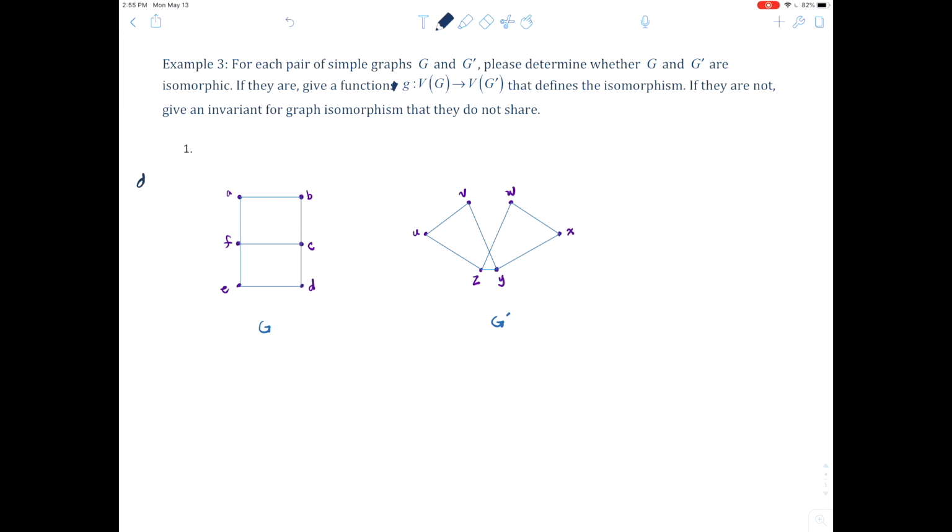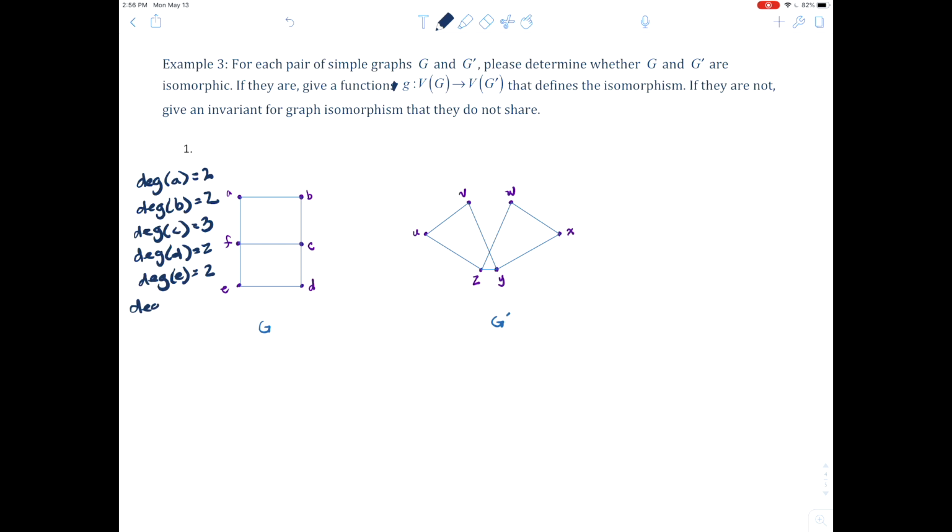So we look at the degree of each vertex. The degree of A is 2 because there are 2 edges coming from it. The degree of B is also 2. The degree of C is 3. The degree of D is 2. The degree of E is 2.